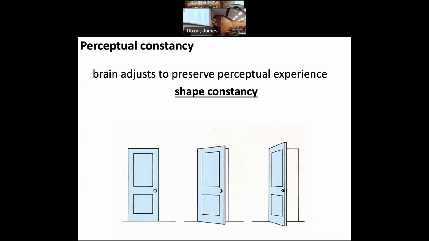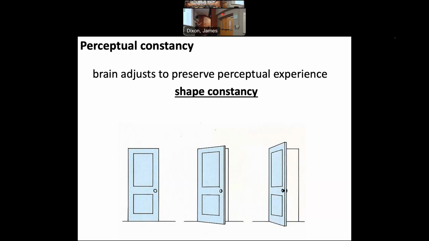The kind of trivial example, it seems, is opening a door. As the door opens into the room, your perceptual system keeps the shape of the door the same for you. You don't see the door transforming its shape, even though there is an interpretation in which the image projected to your retina would be exactly the same as the door opening if the shape of the door itself were changing.